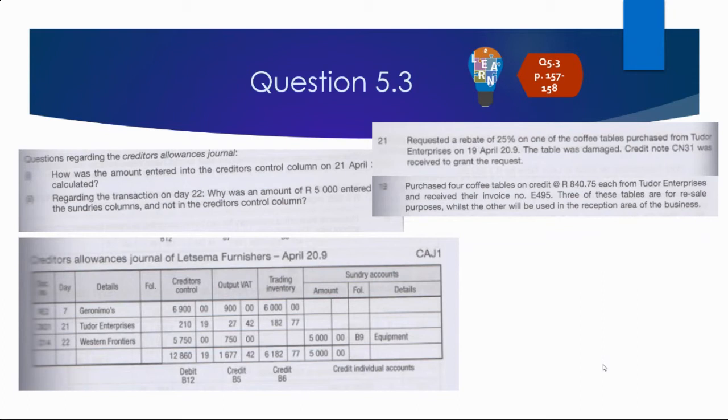So the question, just to repeat it, they asked you how was the 210 Rand and 19 cents that is captured next to Theodore Enterprises in our creditors allowance journal calculated, based on the information on the screen.